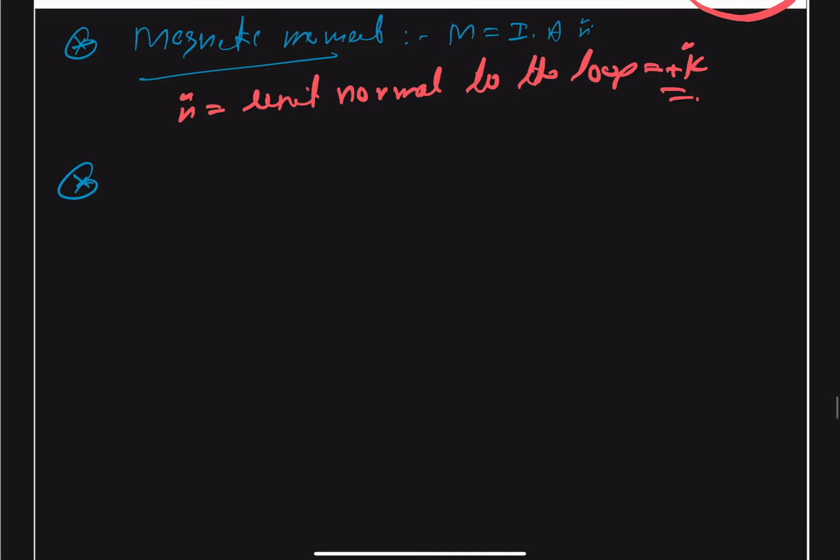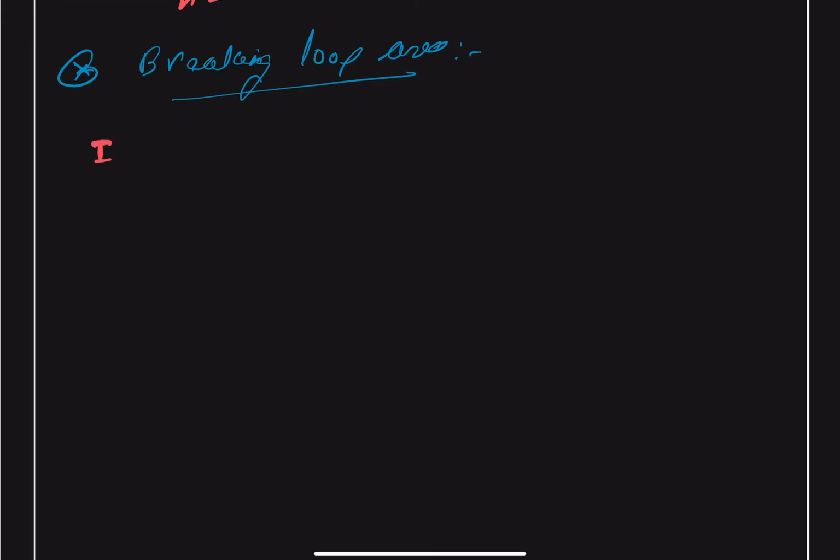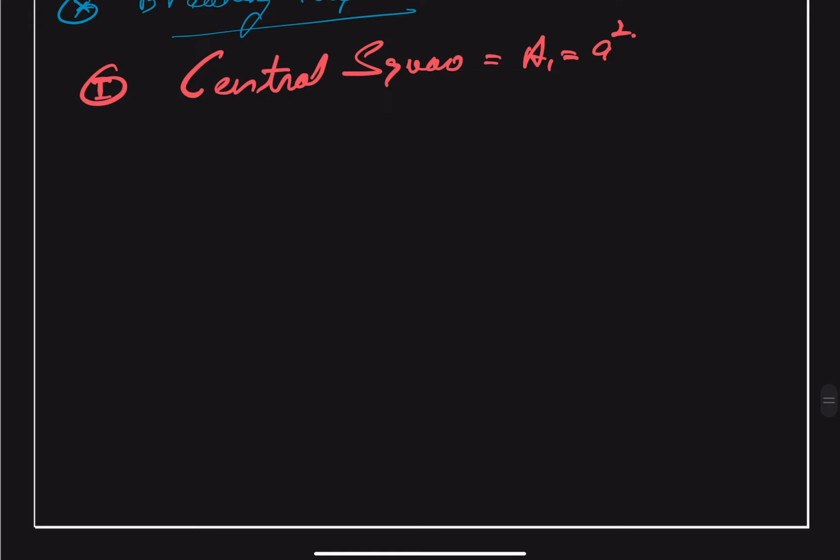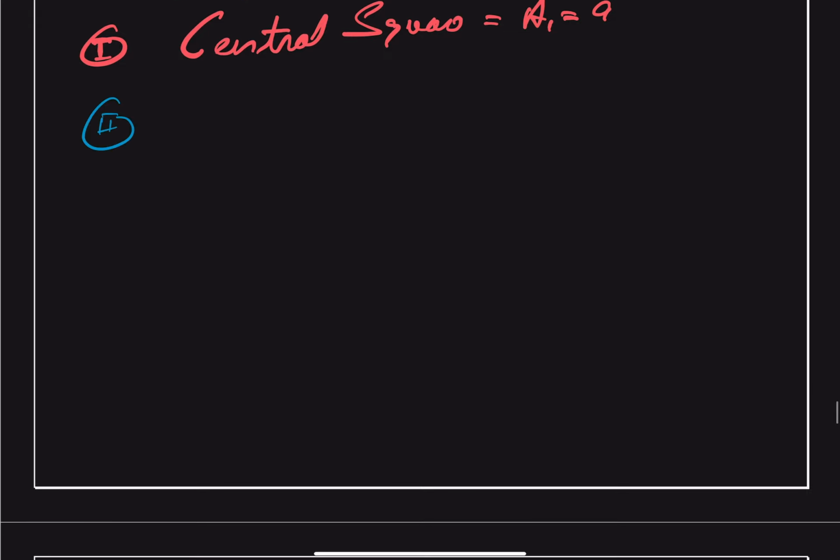So breaking the loop area, we have the central square area A1 equal to a square, and the second, four semicircles of radius r equal to a by 2.